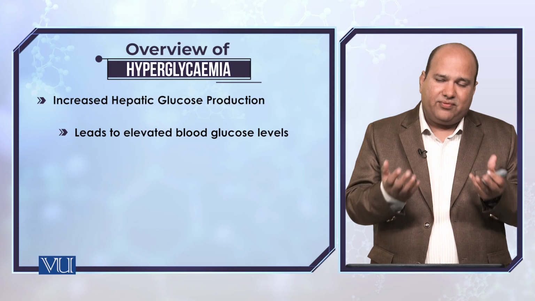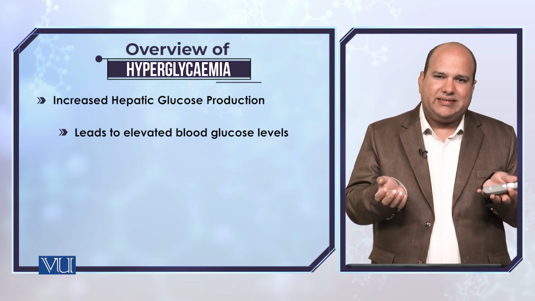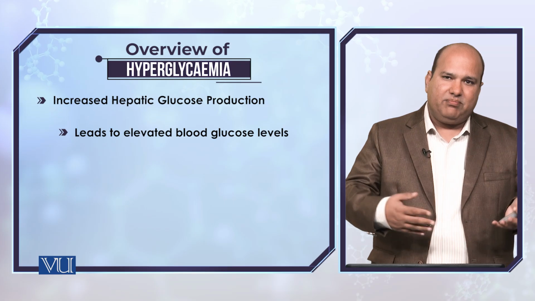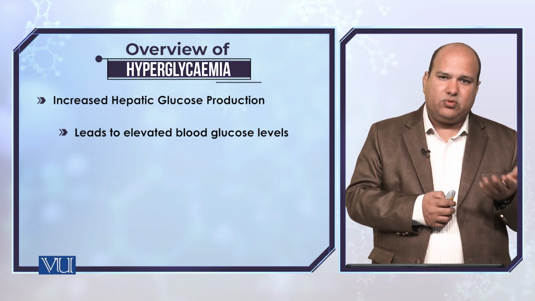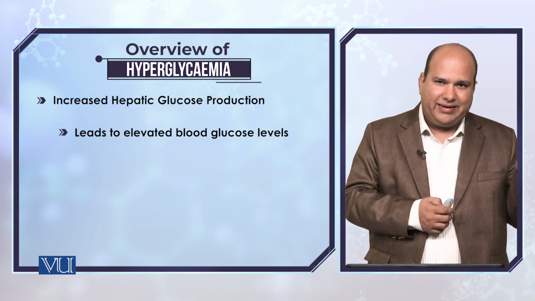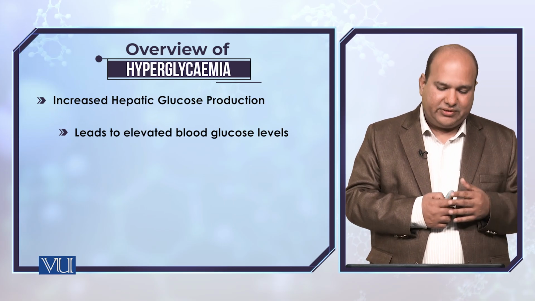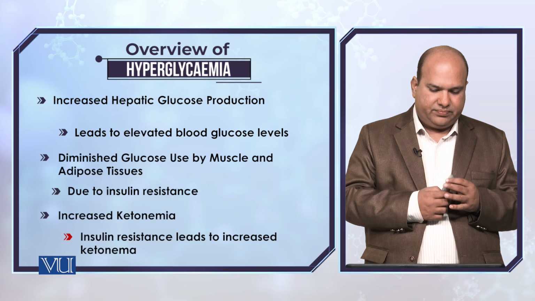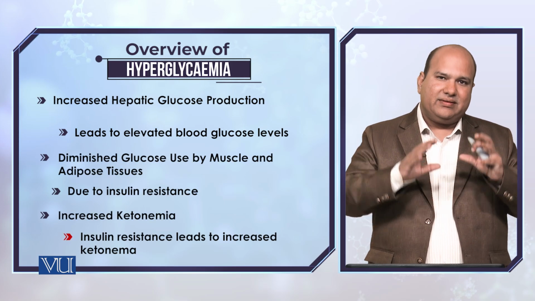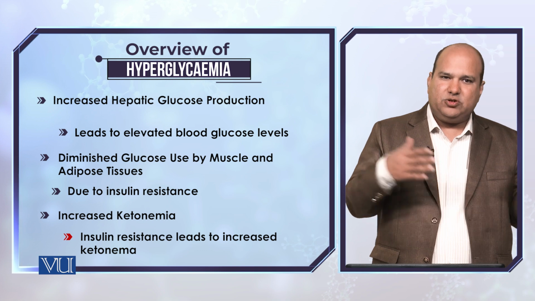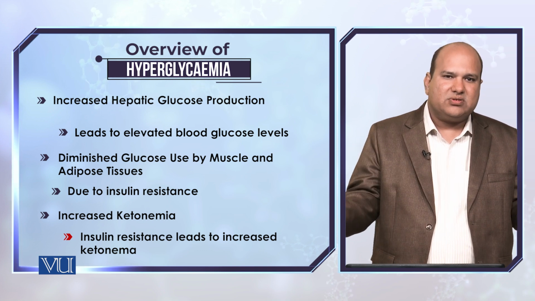Hyperglycemia, of course, is one of the major inevitable outcomes of diabetes, that you have more and more glucose in your blood. That is, of course, one of the major indications that you are diabetic now. What happens is that glucose is there, but it's not being utilized. Your body is under strain because there is glucose in the blood.